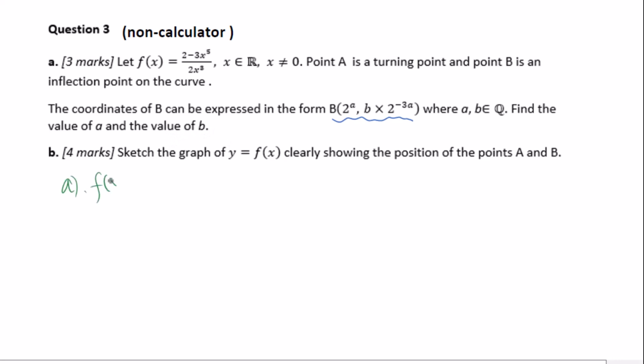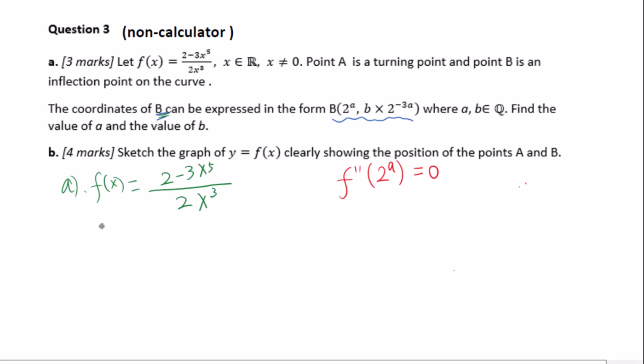For f of x equals (2 minus 3x to the fifth power) over 2x to the third power. Since B is an inflection point on the curve, f double prime of 2 to the a power equals 0.